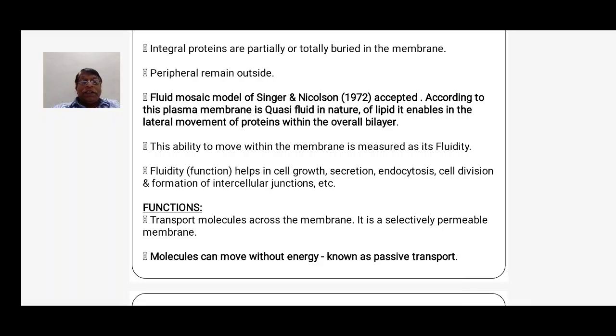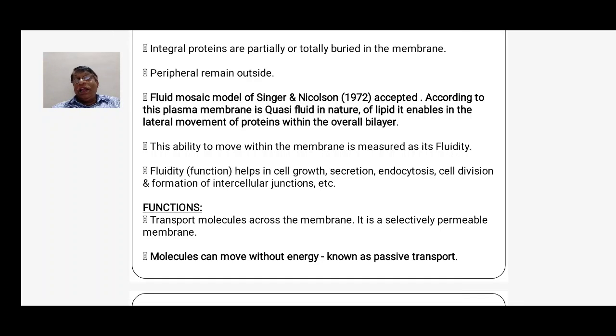Fluidity helps the plasma membrane in cell growth, secretion, endocytosis, cell division, and formation of intercellular junctions, etc. So that's all about the fluid mosaic model of Singer and Nicholson.